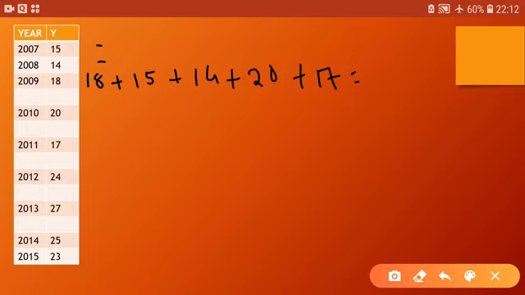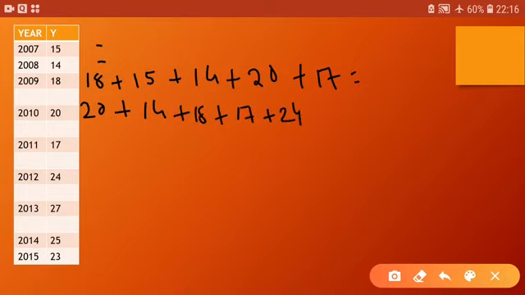In next year it will be 20 plus 14 plus 18 plus 2 down, 17 and 24.